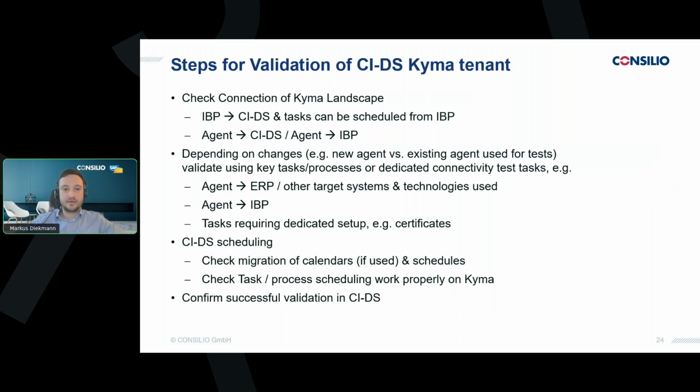And if you validate everything properly, you can go back to your Kyma section in the CIDS and confirm that you successfully validated the CIDS for Kyma. And then you can go to step 4.